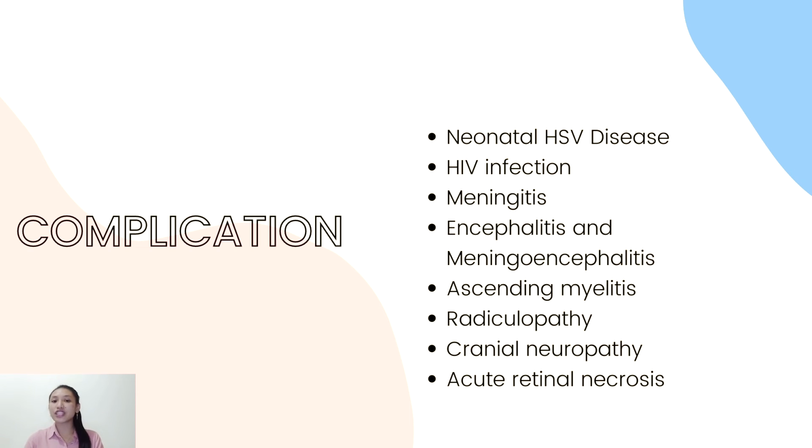Neonatal HSV disease is the most commonly considered complication of HSV2 infection in pregnancy. Neonatal HSV has a high risk of mortality in infants with complication of disseminated disease and neurologic morbidity in infants with complication of CNS disease.